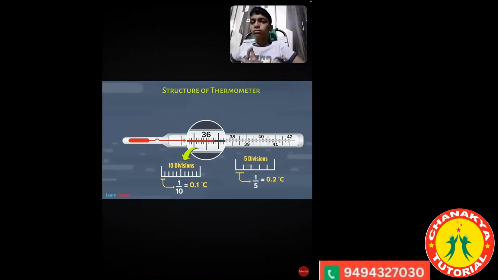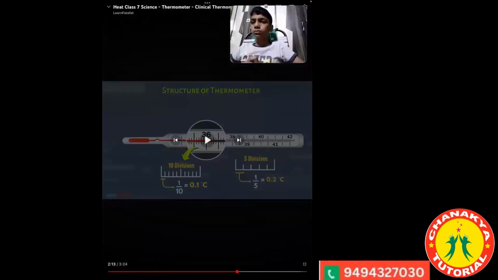How to use a thermometer? Depending on the type of thermometer, a clinical thermometer has a different kind of division. Some will have 10 divisions in between and some will have 5. If it has 10 divisions, then it means 0.1 degrees Celsius for one division. And if it has 5 divisions, then one division means 0.2 degrees Celsius.